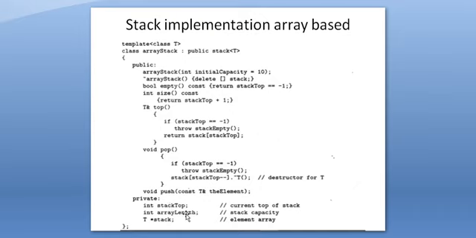Then you have array length, which has the stack capacity. Okay, and finally you have T star stack. So what is the stack? Stack is a pointer. You create a pointer, then in the class constructor you're going to create a memory location using this pointer stack. Okay, fine.